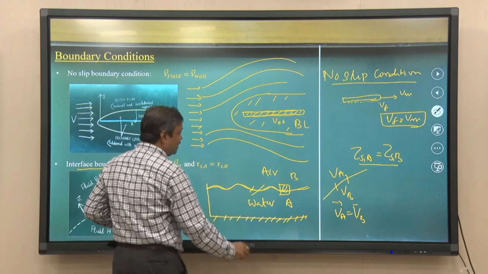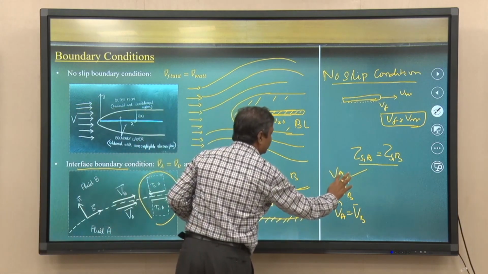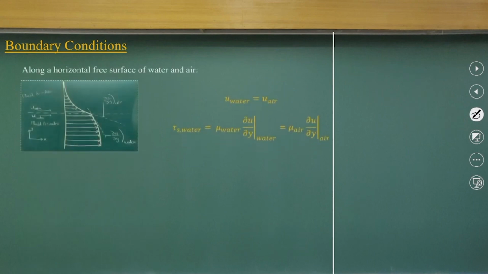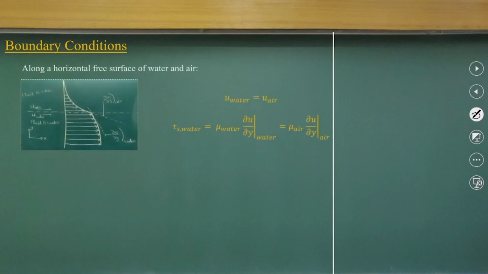Here it is A and B, here it will also come as B and A. That is a slight change. No problem. Now, if you come to very basic things, we always look at the interface between air and water, as in many of the problems we solve. So, in that case, U water should be equal to U air, that is okay.